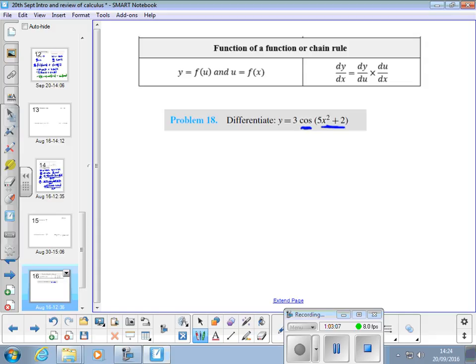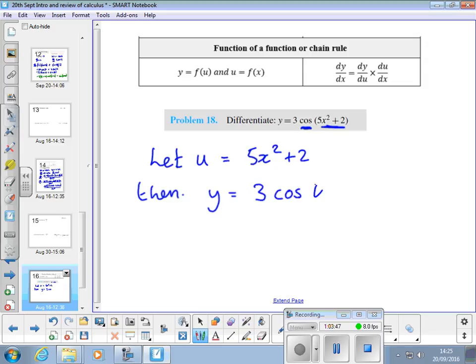So in this case, what do we need to do? We say let u equal 5x squared plus 2. Then what we can do is say that y is equal to 3 cos u.